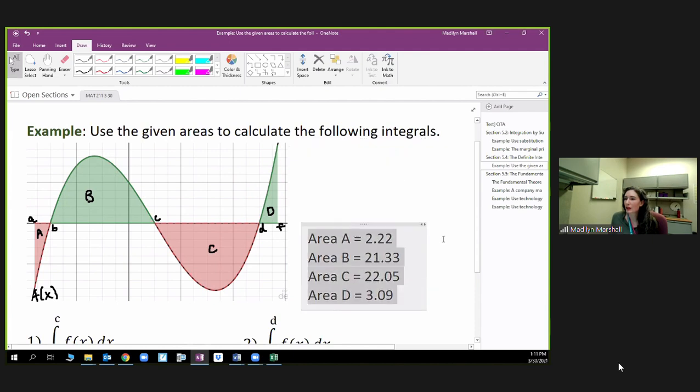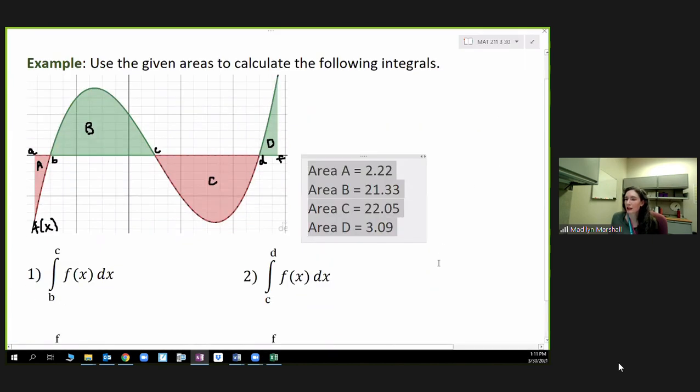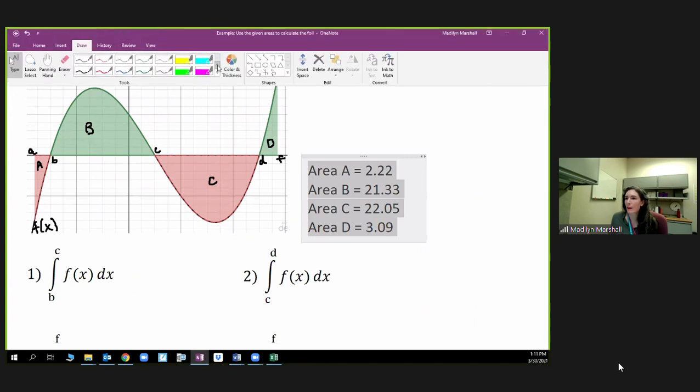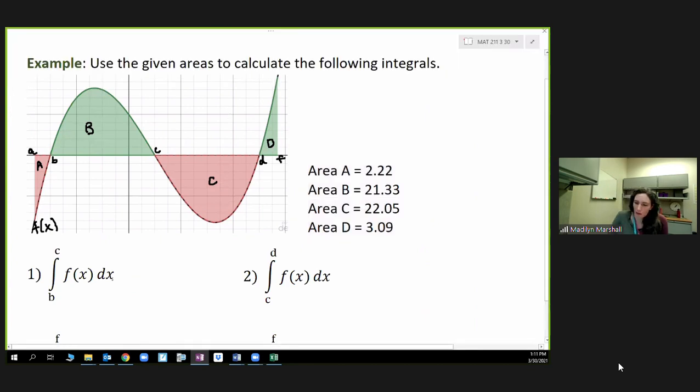And we want to calculate some integrals. So this is practice in understanding the relationship between the definite integral and what we're seeing on the graph.